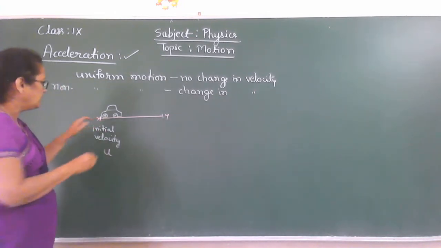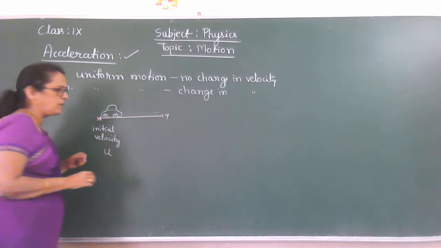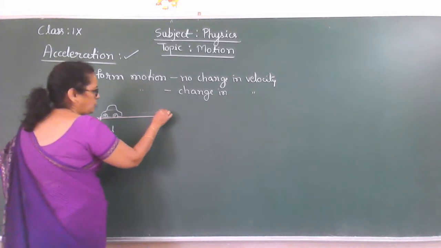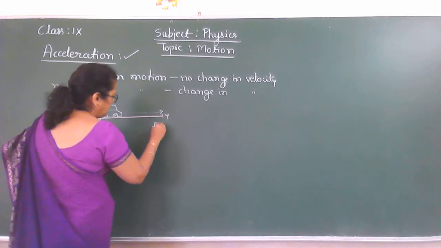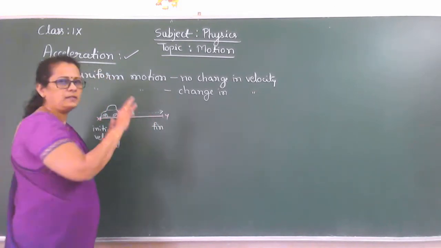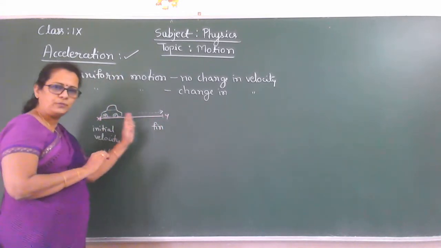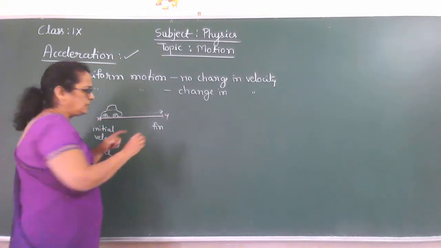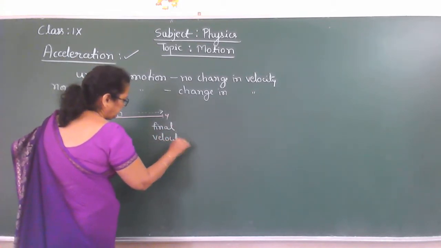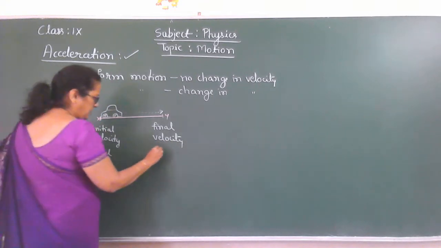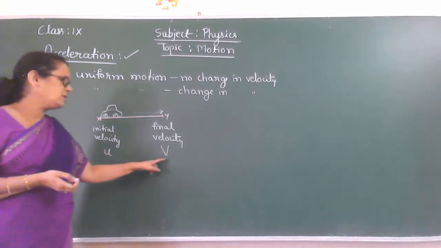If the object moves in the xy direction and stops here at y, brakes are applied and it comes to rest. Then we take it as final velocity, and the symbol used for final velocity is v.